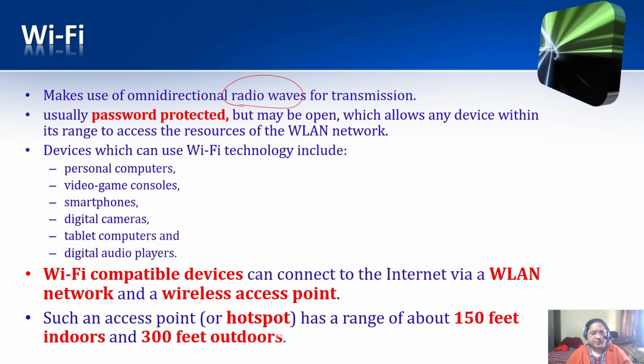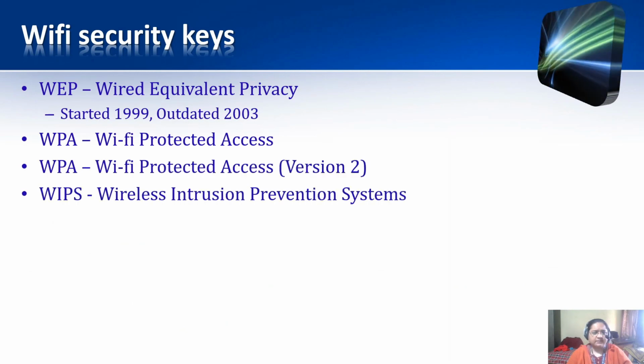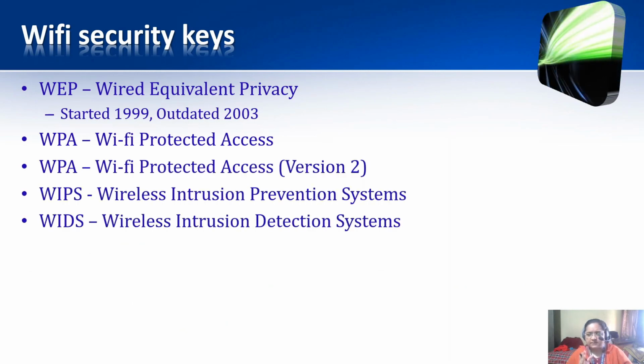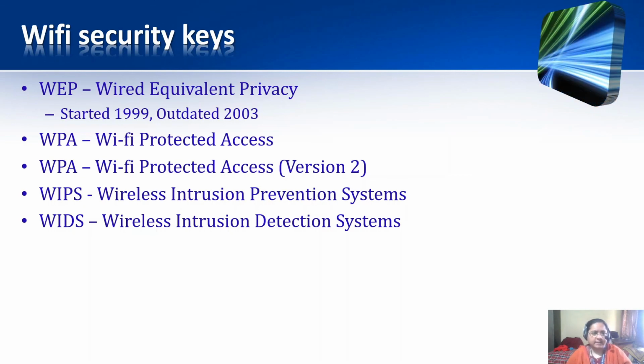Such an access point has a range of 150 feet indoors and 300 feet outdoors. And these are the various Wi-Fi security keys which are used for protecting our Wi-Fi network from unauthorized intrusion from outside, anybody breaking into the network, hacking it, or anybody just trying to share the internet connection and use it for free.